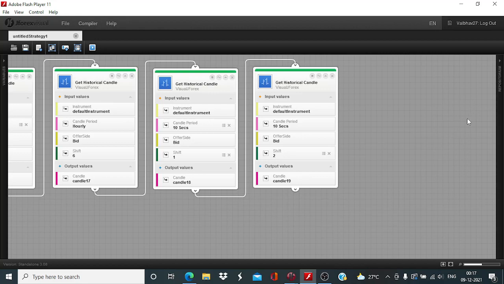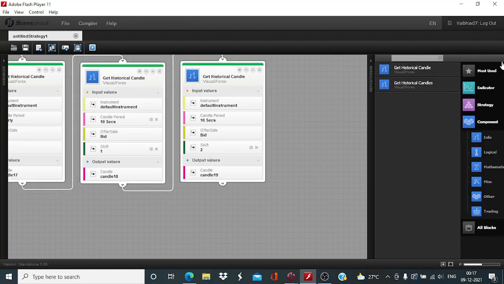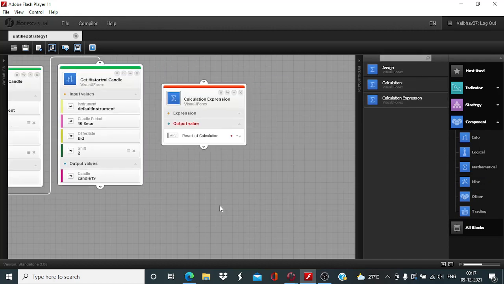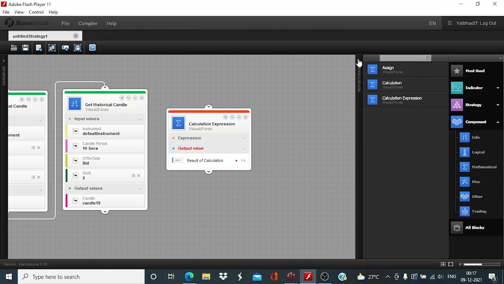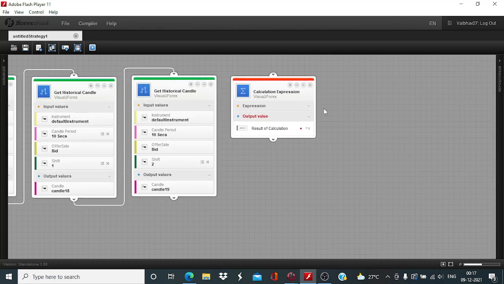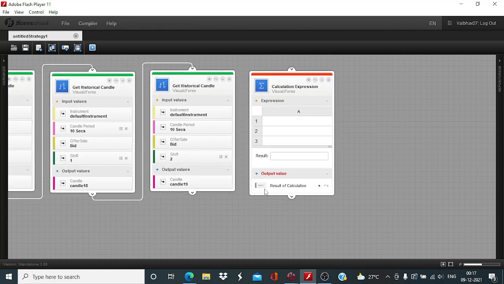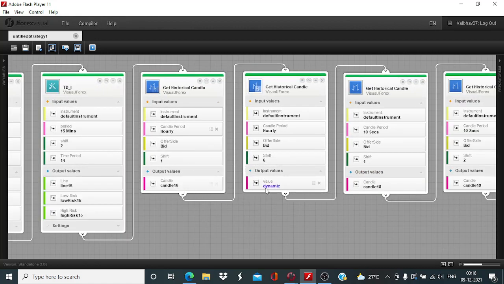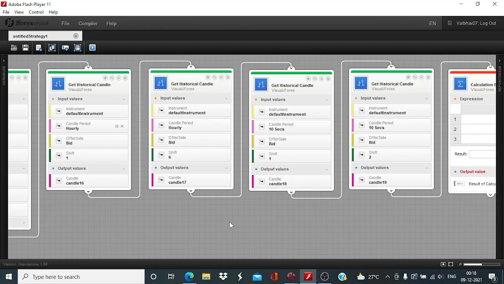Now we are going to also need some calculation blocks, the mathematical components, calculation expression, and as I had said while explaining the idea, we will be restricting the difference between these two get historical candle high and low to be within a predefined range.